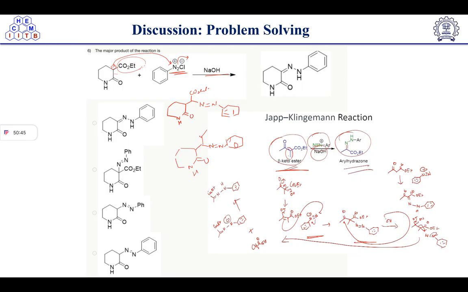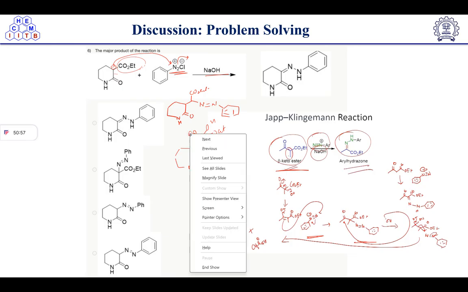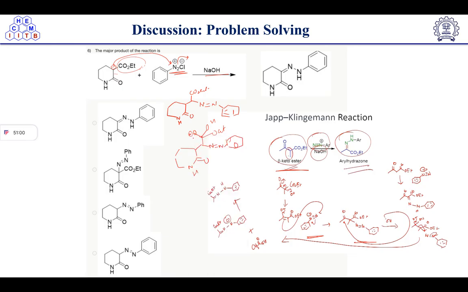Here it will become OH, OH, OH, correct? Oxygen ion, because OH is attacking. This oxygen ion will push electron here and this group will knock out. So we will get acid.